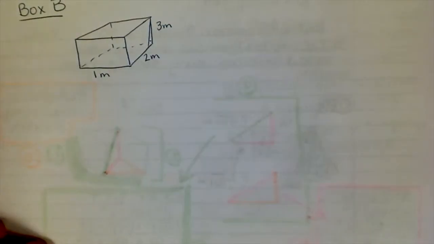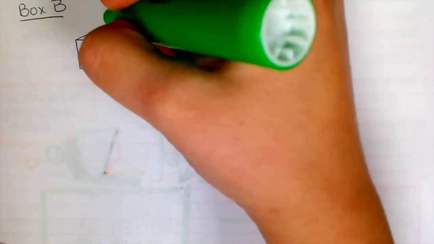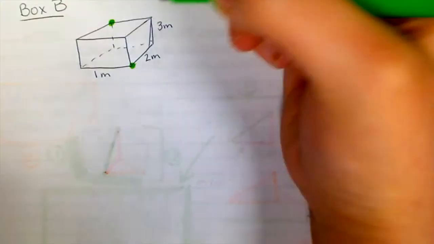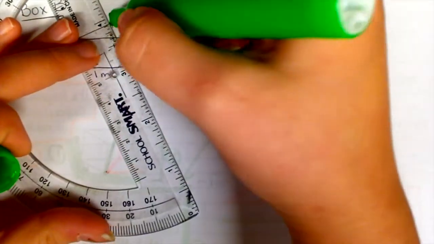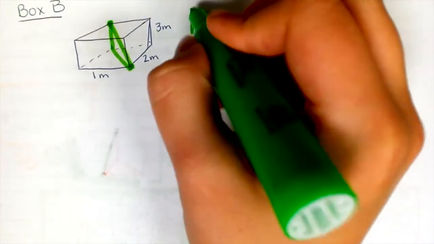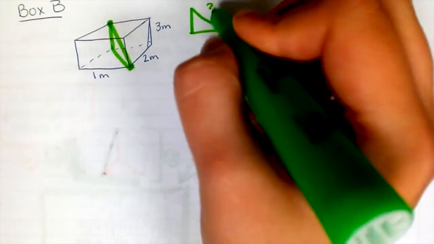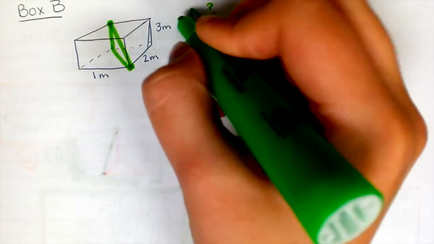So here we're trying to find the distance between this point and this point. Create a right triangle here. Now this one's 3 meters.